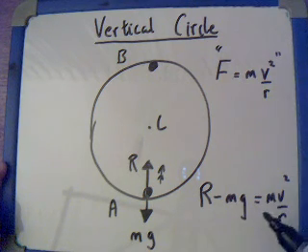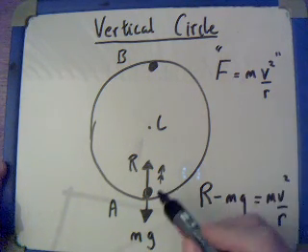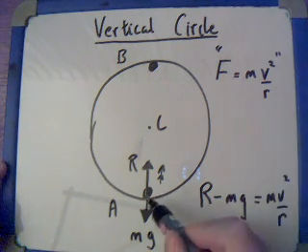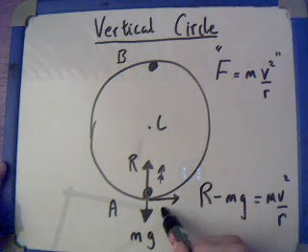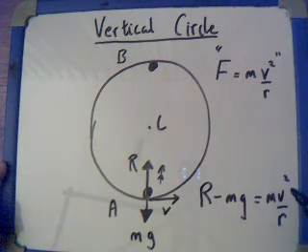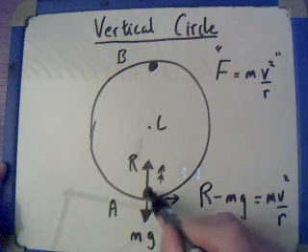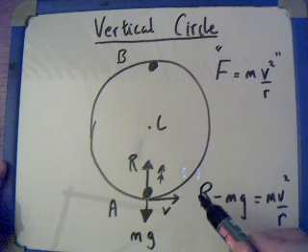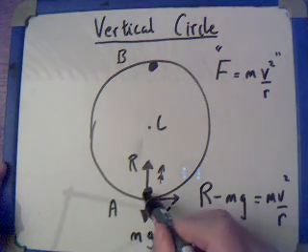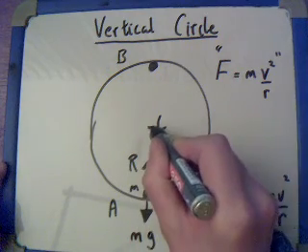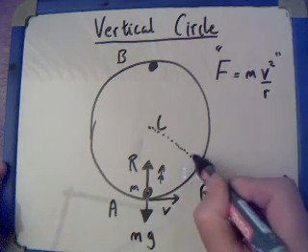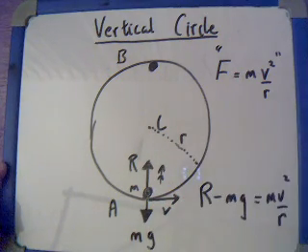And we'll make sure we know what everything stands for, where v is the velocity of the trolley, let's assume it's going in this direction, the mass of the trolley is m, and the radius is little r.